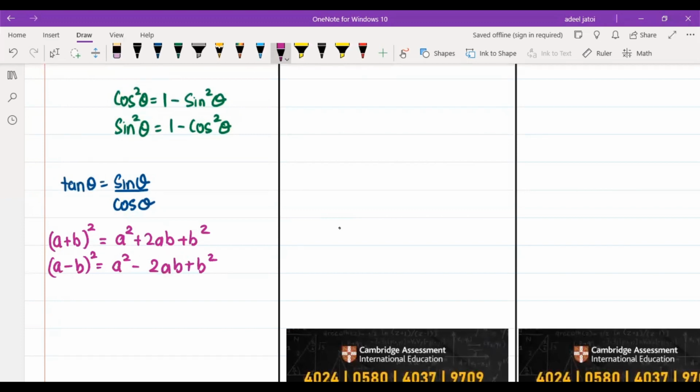Your a square minus b square is written as a plus b times a minus b. So these are your O-level identities.